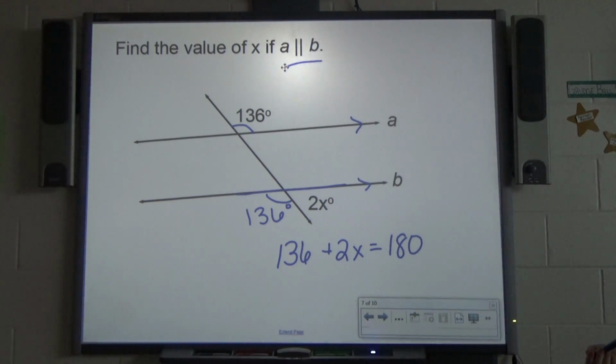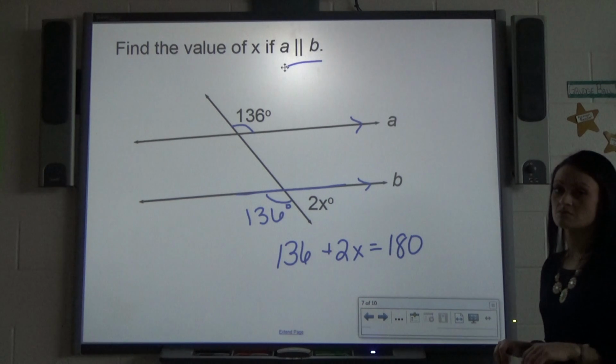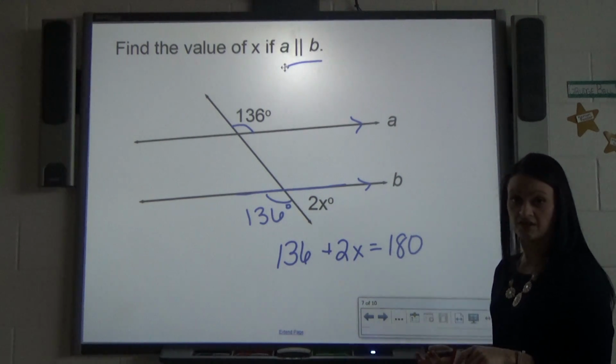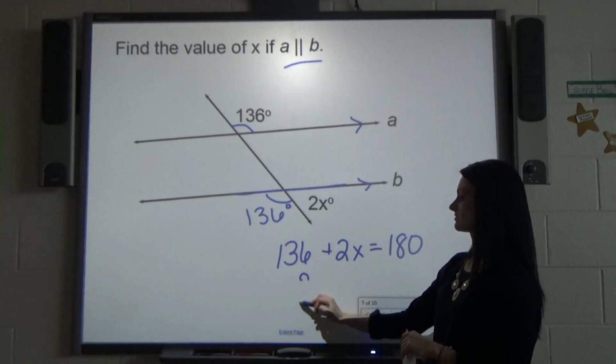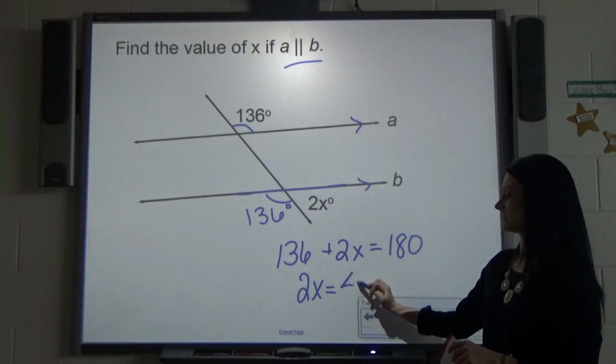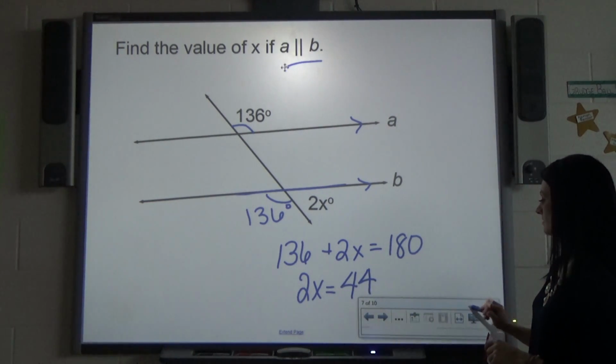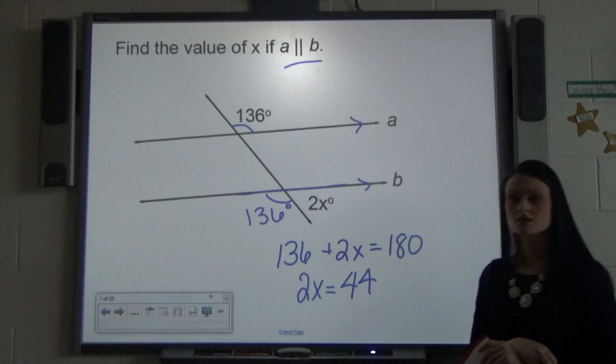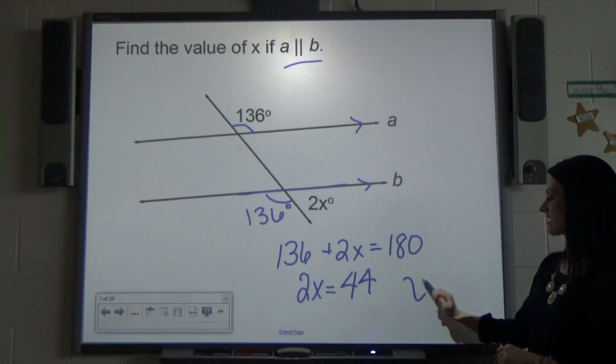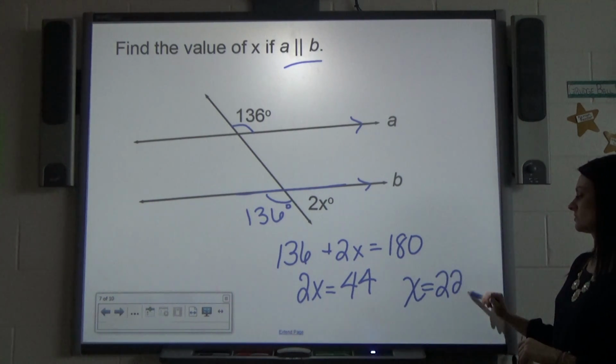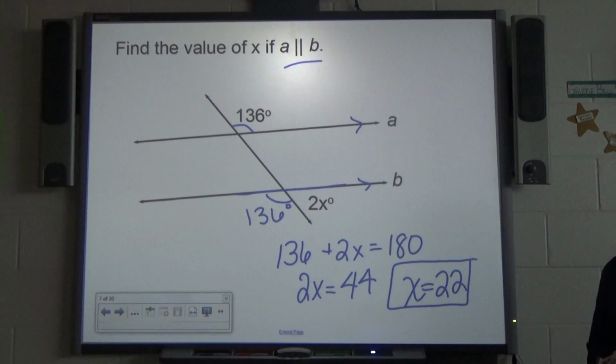And now I can go through and start using my solving methods to get x by itself. So I would have that 2x was equal to 44, which would tell me that x would end up being equal to 22. So if you have questions about this one, make sure you jot yourself a note in the margin of your notebook and ask me during class.